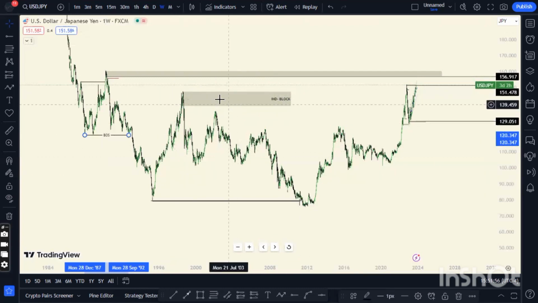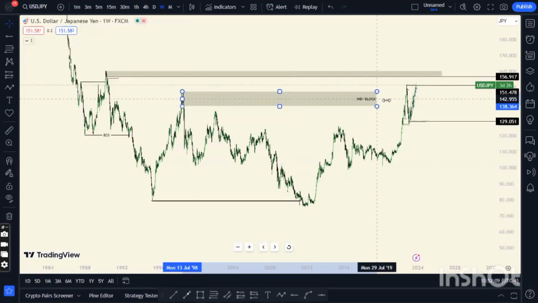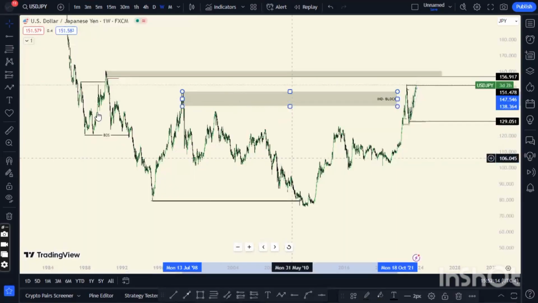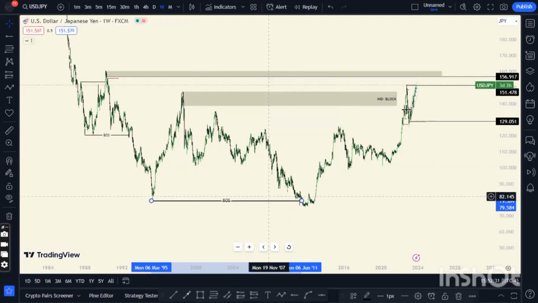Now, this is more like engineered liquidity. Price came back up and created this block so that it would induce a lot of persons into the market. Now, what happened is price came back, broke this low again, and started going back up.